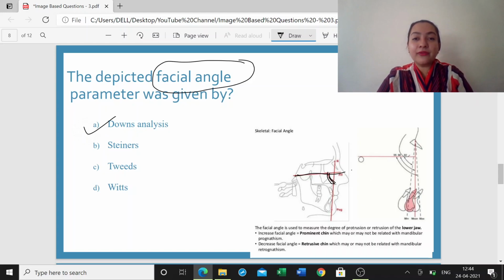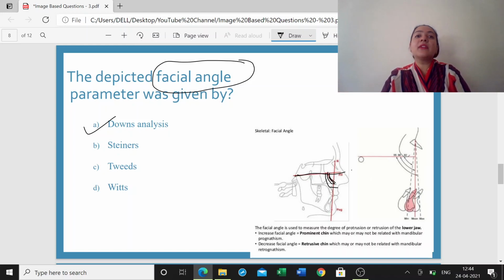This is a parameter which is used for Downs analysis. Okay, and it is used to know the degree of protrusion or retrusion of the lower jaw. Why? Because point N remains constant. My position of pogonion will change. If it is ahead, my angle will increase.